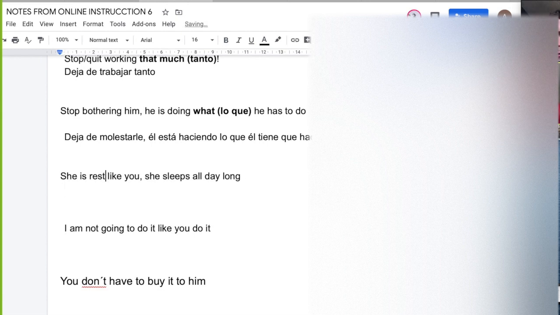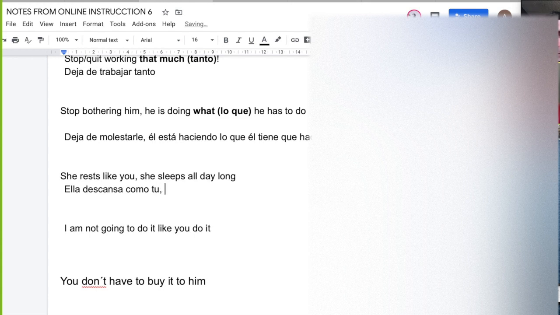She's... Atención, resting. No. Rests. Like you. Ella no. Ella descansar. Vale. Tienes que conjugar. Ella descansar como tú. Bien. Muy bueno. Muy bueno.